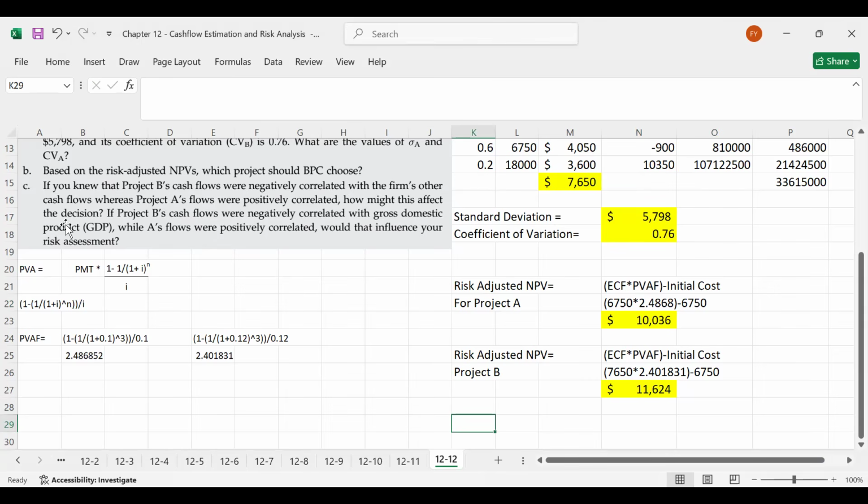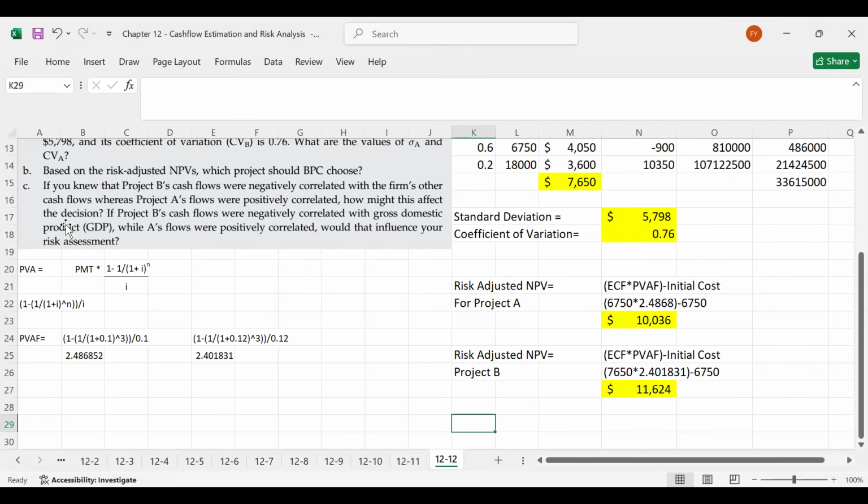This is a qualitative analysis based on the correlation of the projects. If project B's cash flows are negatively correlated with the firm's other cash flows, this means that it provides diversification benefits and reduces the overall risk of the company.